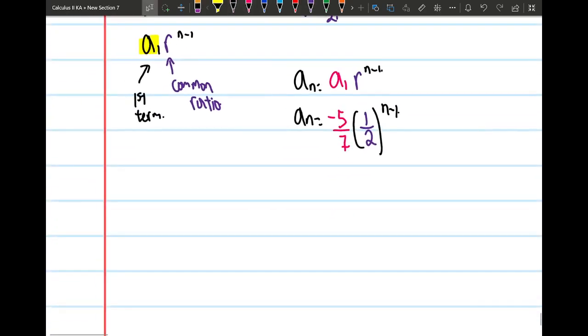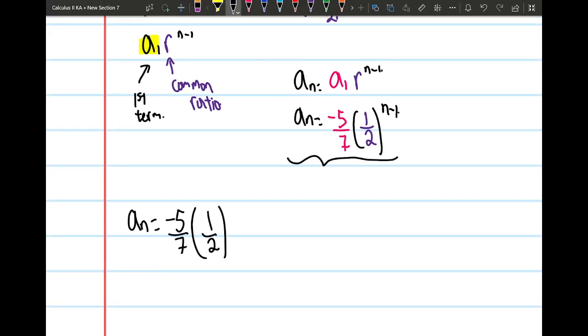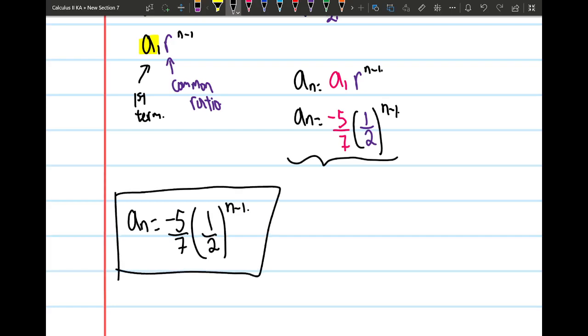So this is my answer for this geometric sequence. Our final answer that defines this geometric sequence is negative 5/7 times 1/2 to the n minus 1.